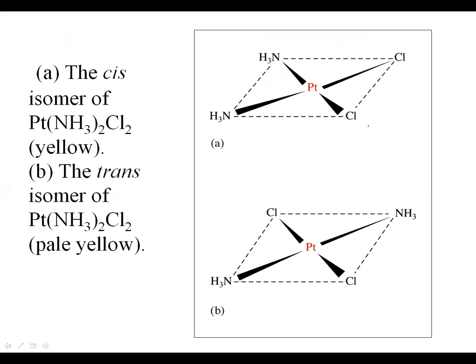The cis here is on top, and we see that the NH3s are on the same side, or even the Cls are on the same side. And the trans here, in three-dimensional space, we have opposite sides of the square.